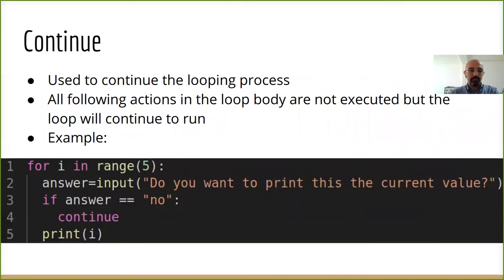Continue is an instruction that does not break the loop, but it skips the iteration. What does it mean? Suppose that I'm iterating over n values and elements. And for some specific elements, it doesn't make sense to execute the set of instructions.